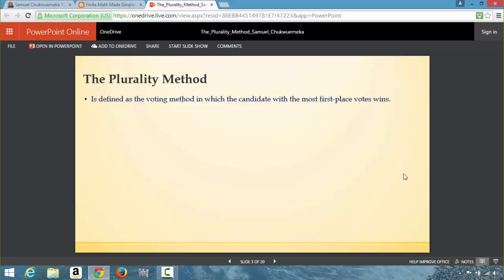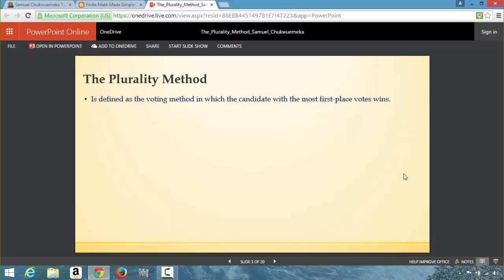Now, you might have it this way: out of 100, one person makes 45, another makes 35, and the other makes 20. That means the candidate that made 45 votes is the candidate with the most first place votes. He is not the majority candidate because he didn't make up to 51 votes. He didn't make more than 50% of the votes.